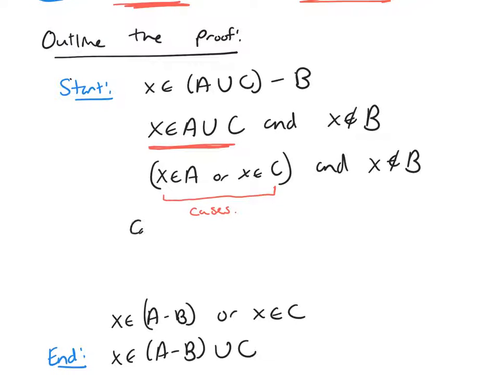My case 1, the first possibility, is that X is in A. And case 2 will be the opposite of that: X is not in A.